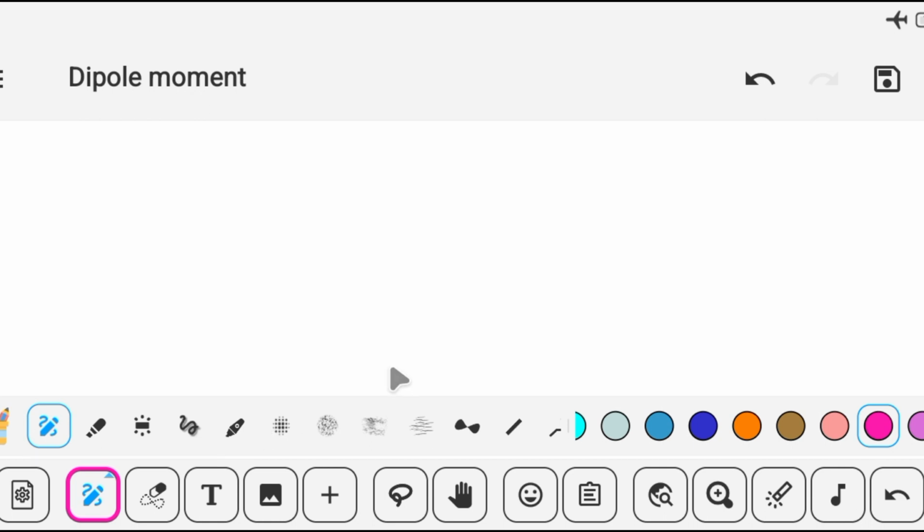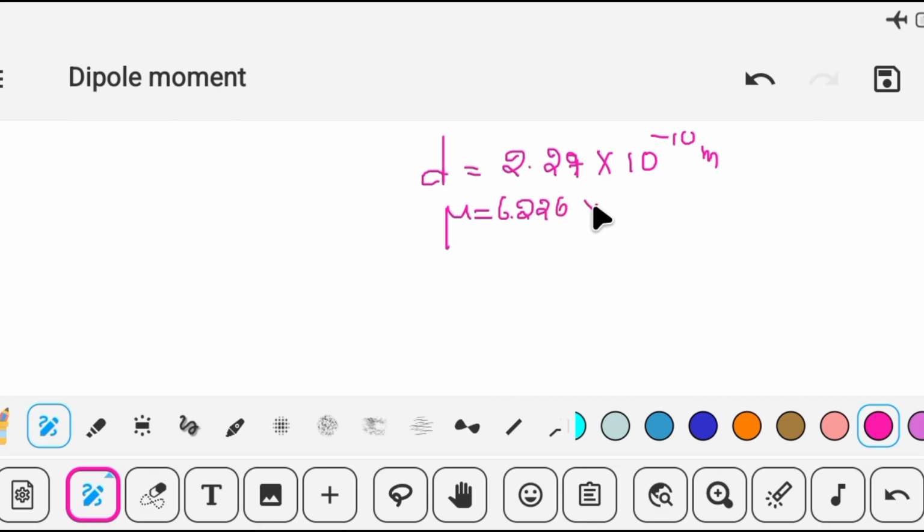How the D value is given. D value given for the HCl molecule is 2.2929 into 10 power minus 10 meters, whereas for the percentage of ionic character they are giving the mu value, that is the experimental, measured value, 6.226 into 10 power minus 30 coulomb meter.